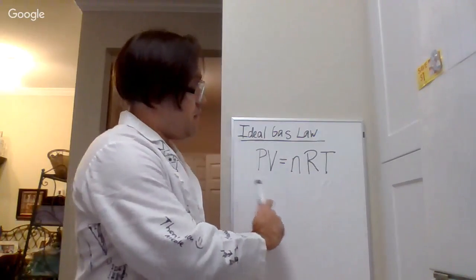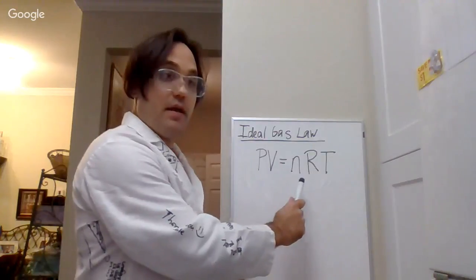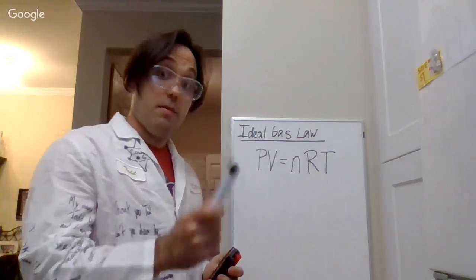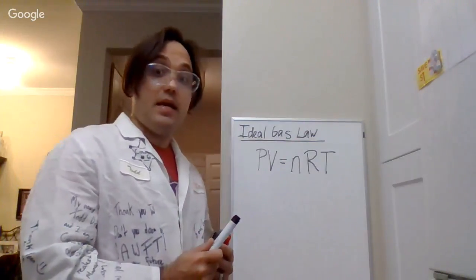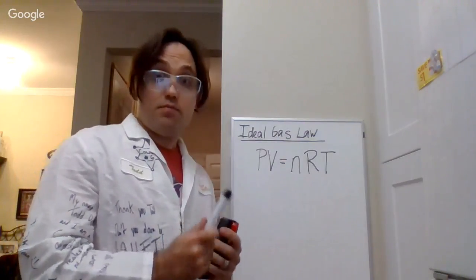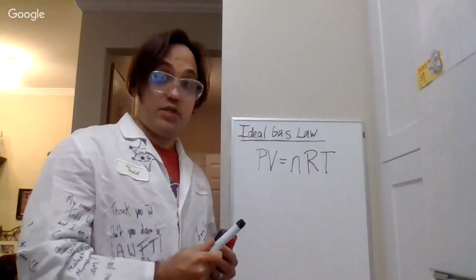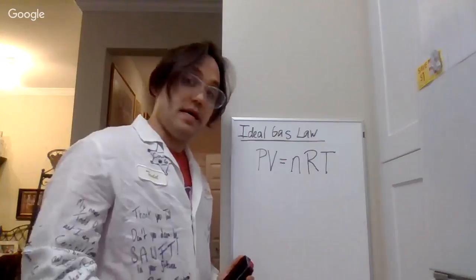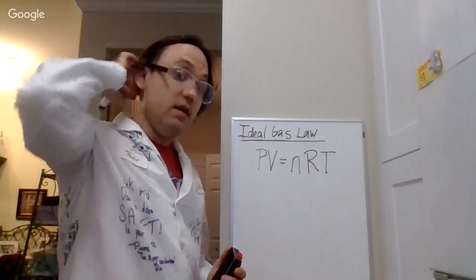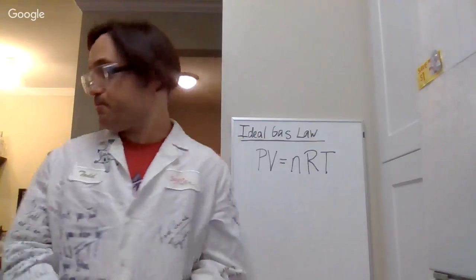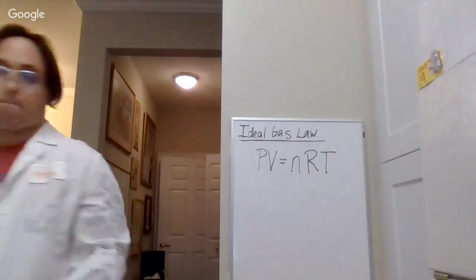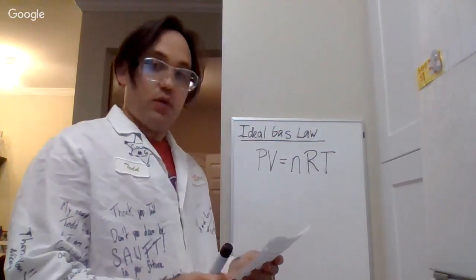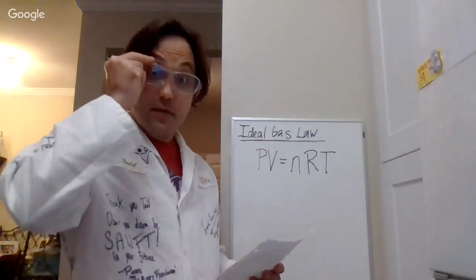Now, this equation is part of the Virginia Standards of Learning number 5, and it involves pressure, temperature, and volume changes. So let's go ahead and get started with a problem. I will read this problem to you, and we'll solve it together.